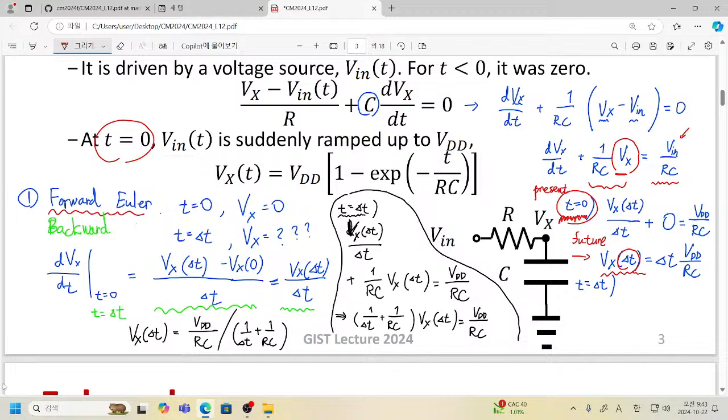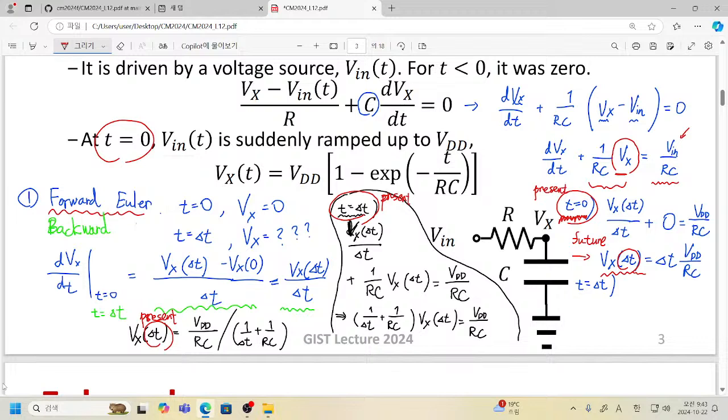In this case, we are now evaluating t equal to delta t, that is the present value, and what you get is once again the value at that time instance. So present value and present value, that is the difference.